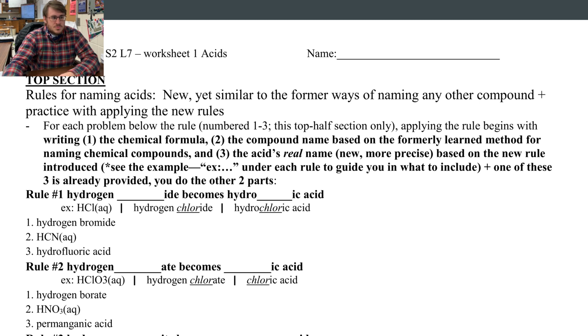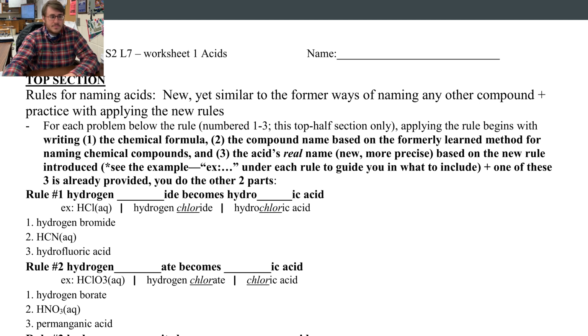For each problem below the rule, numbered 1, 2, 3, in this top section only, we're going to apply the rules. Applying the rules begins with writing the chemical formula, the compound name based on the formerly learned method for naming chemical compounds, and the acid's real name, which is a new, more precise name based on the new rule introduced.